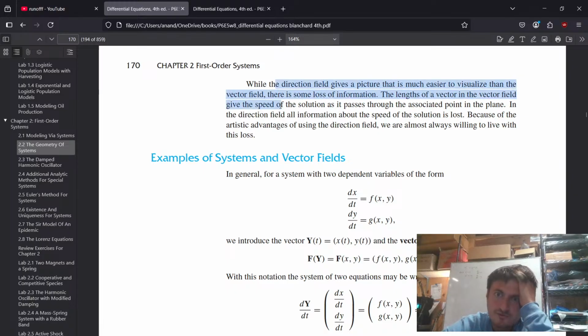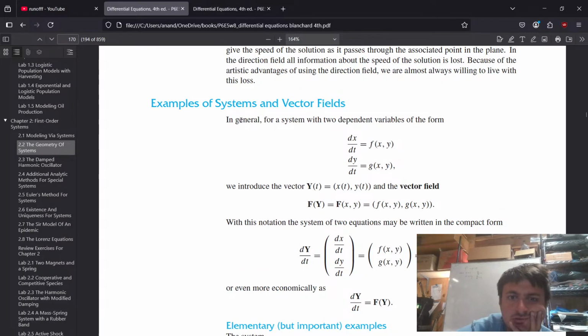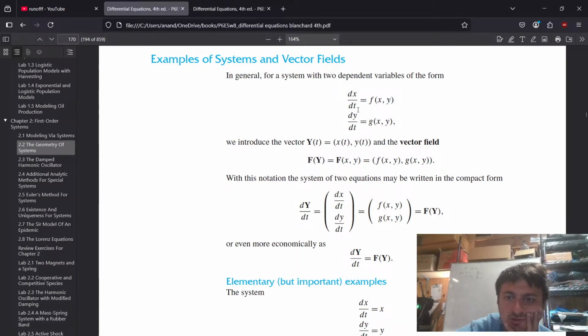Well, the direction field gives a picture that is much easier to visualize than the vector field. There's loss of information, okay. In general, for a system of two variables, this is the form. This is an autonomous system, too.